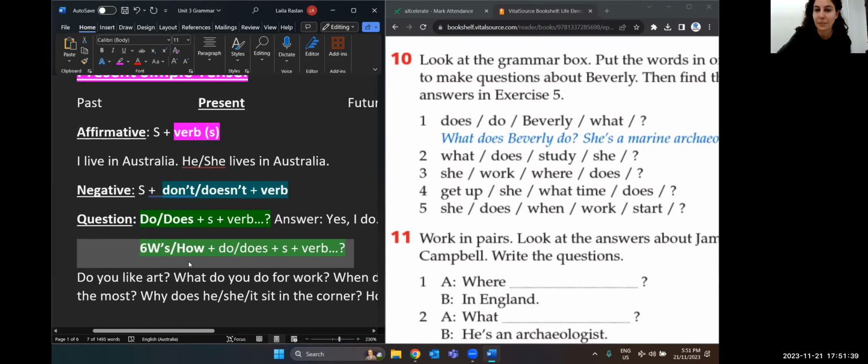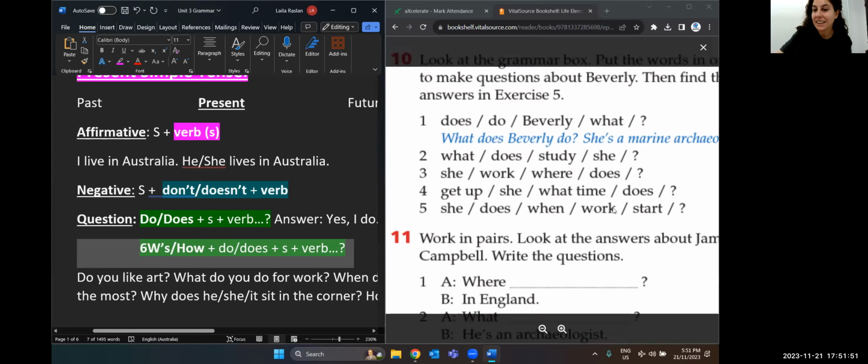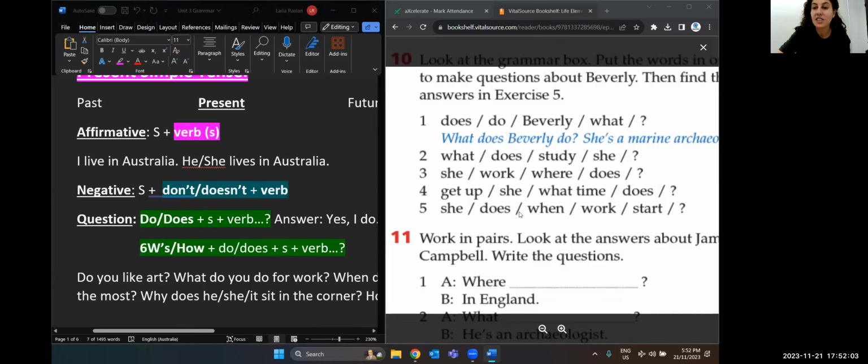What time does she get up? And what time does she? Because we know does is for he or she. What time does she? What time does he get up? And the last one starts with a W. When? Yes, when does she start? Now there's no S, be careful on that. Start. When does she start work?